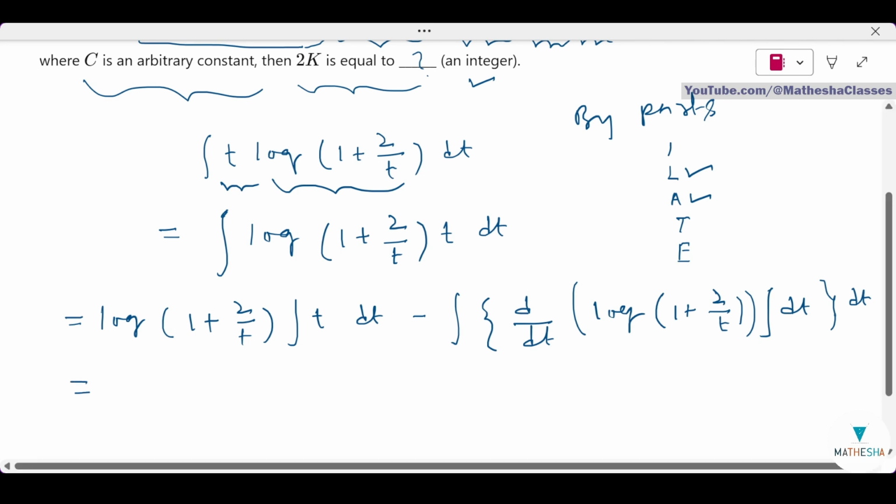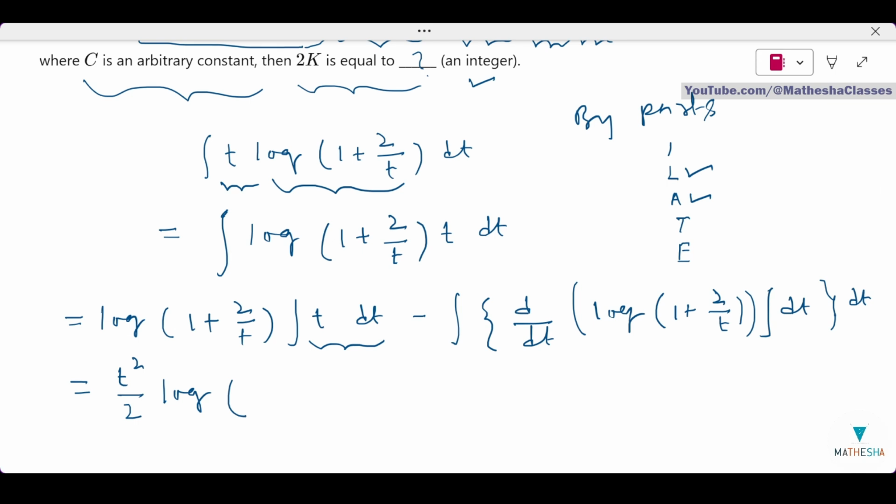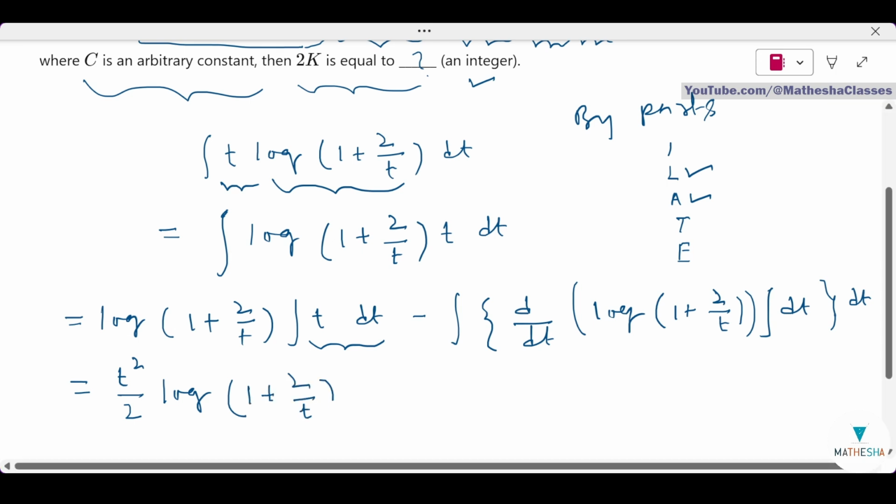So that would be equal to, this is t square by 2. So the first term will be t square by 2 log of 1 plus 2 upon t, minus, this is t square by 2 as well.